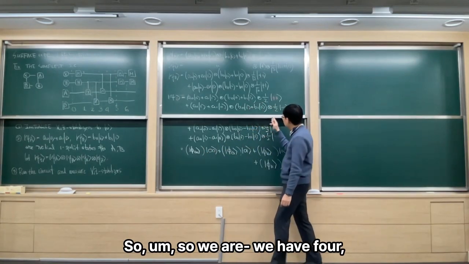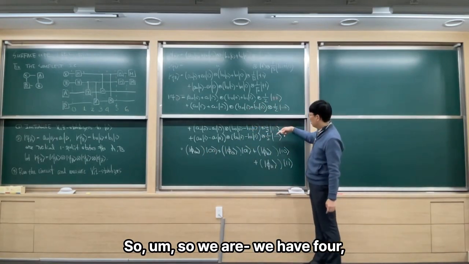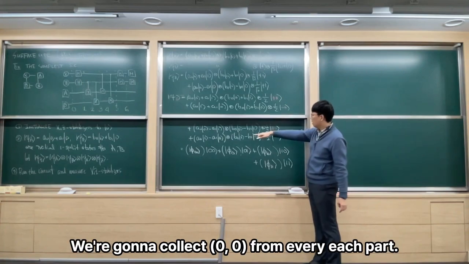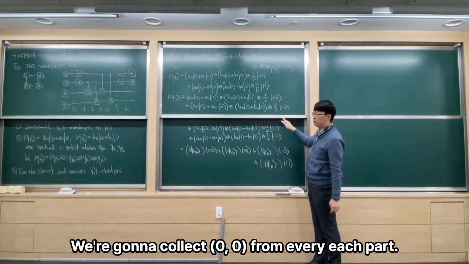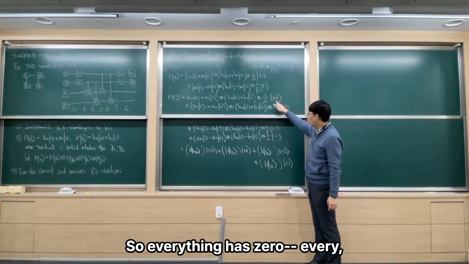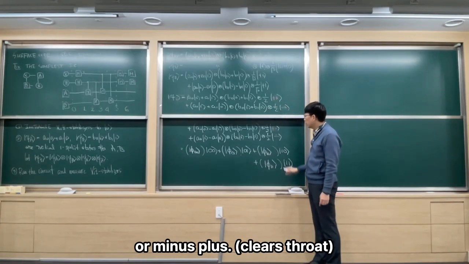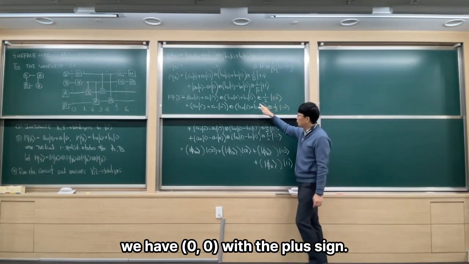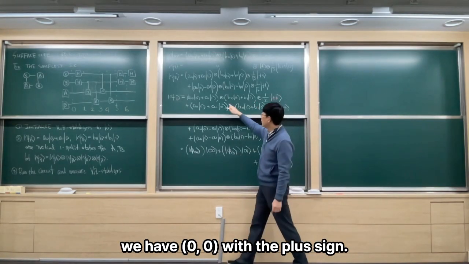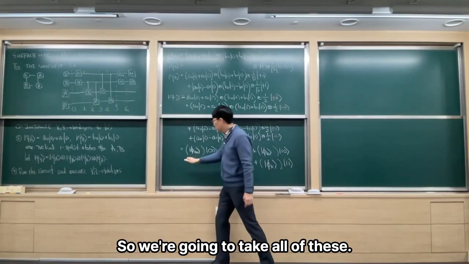So we have this long expression. We're going to collect 0, 0 from each part. So everything has zeros. Every part has 0, 0, because see, it's a plus, minus, or minus, plus. So in the first summand, we have 0, 0 with the plus sign. So we're going to take all of these.